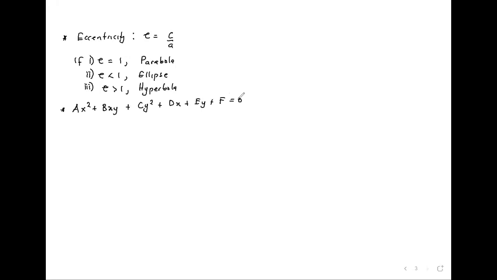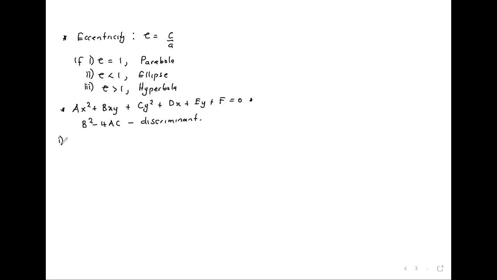Now in the general equation, we also have what we call b squared minus 4ac, which is called the discriminant. You remember this from first year. But here it's also used to detect whether what you have, if it comes in this form, is a parabola, hyperbola, or an ellipse. How then do we detect?